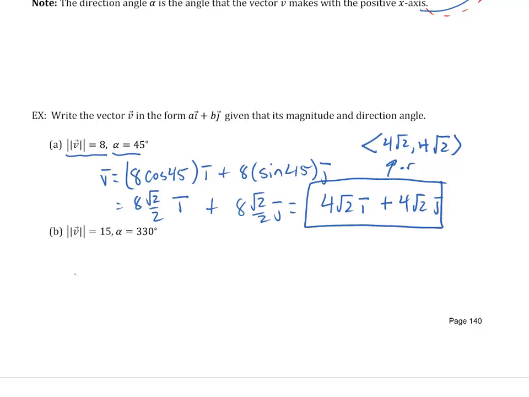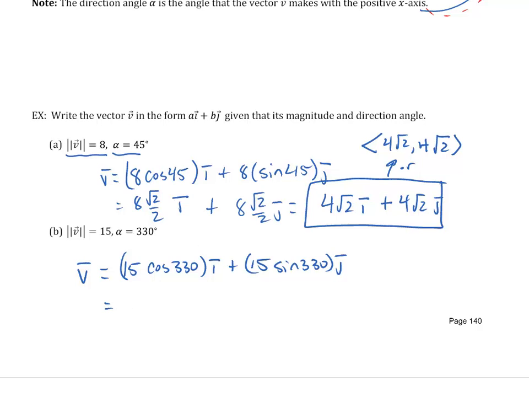Another one just like it, if I want to find the vector in its component form, when I know its length is 15, it's 15 cosine of 330 times i plus 15 times sine of 330 times j.